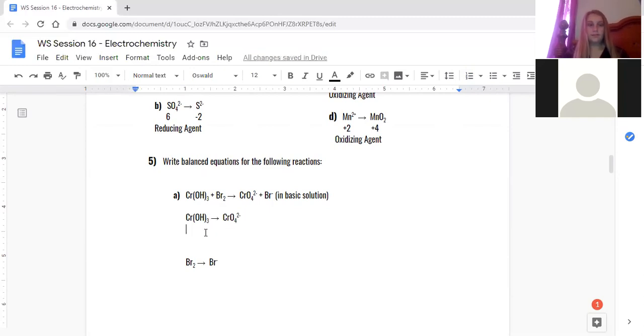So we're going to have to look at this and figure out how to balance them. First off, we're going to have to add hydrogen to both sides, I believe. Yes. Wait, make sure I'm thinking right here.